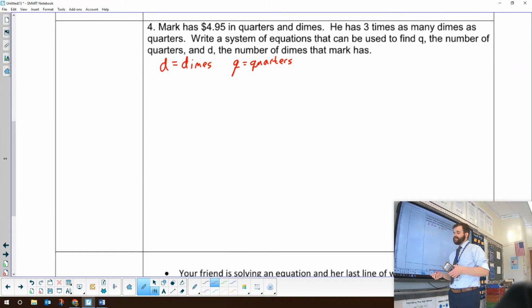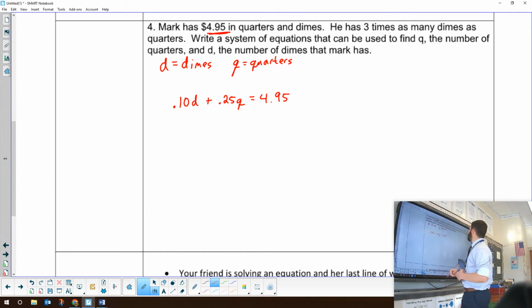Each dime is 10 cents. We've got 10 cents for each dime, plus 25 cents for each quarter, and that equals in total $4.95.